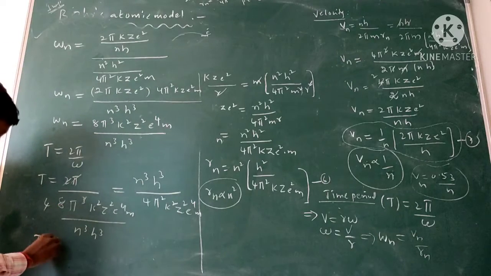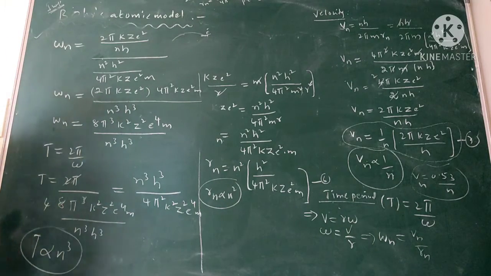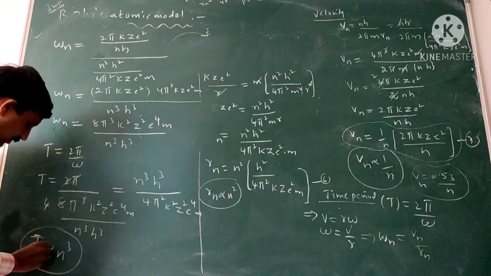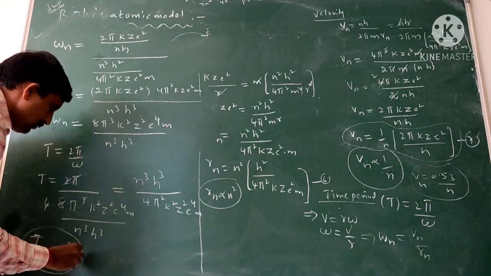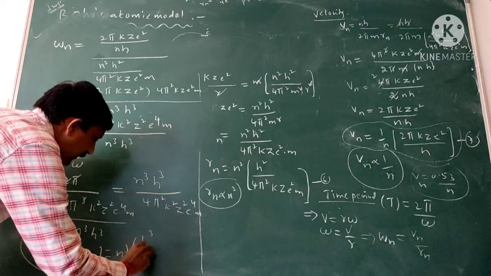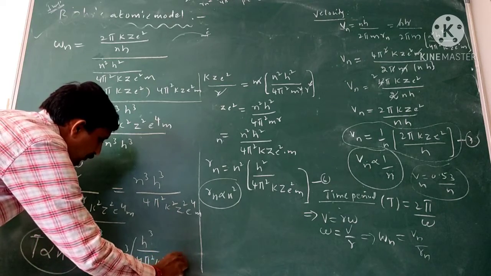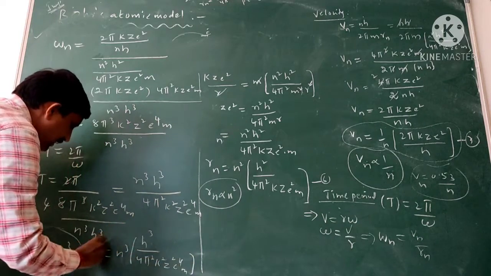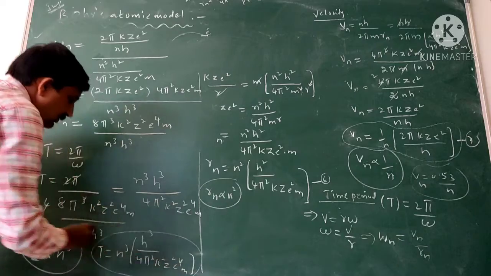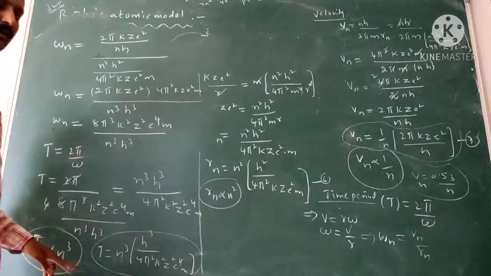So T is directly proportional to n cube. T is equal to n cube into h cube by 4 pi square k square z square e power 4 into m. So this is the time period of electron in Bohr orbit. Okay, thank you.